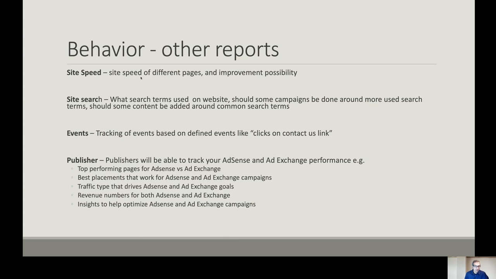And sometimes if people are searching for some kind of content, and you notice that there is not much content related to those search terms available on your site, that gives an indication that more content needs to be added to your site around those search terms, right? So the site search set of reports helps us understand these kinds of issues.